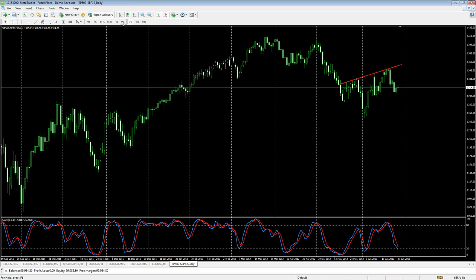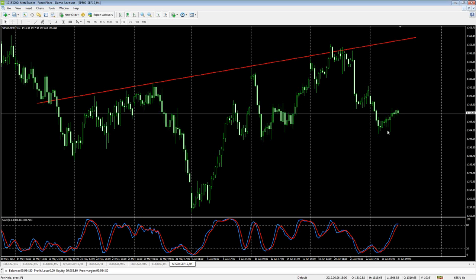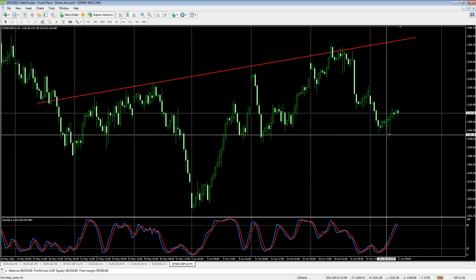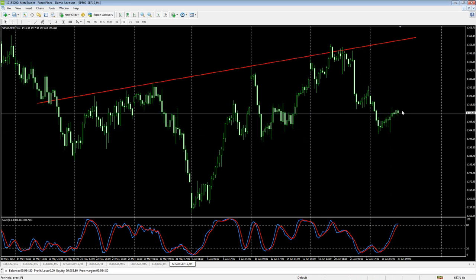But again, you can see it found support around this area here. You can see the stochastic already reaching the overbought area, so we may see another drop of the S&P, maybe.